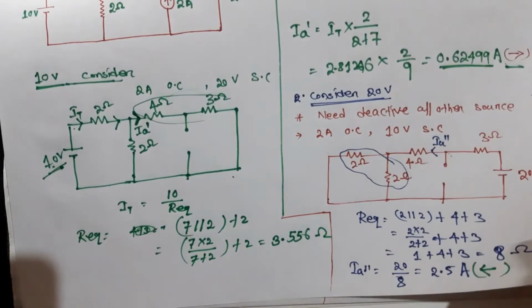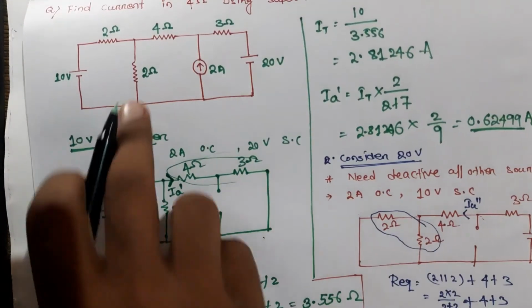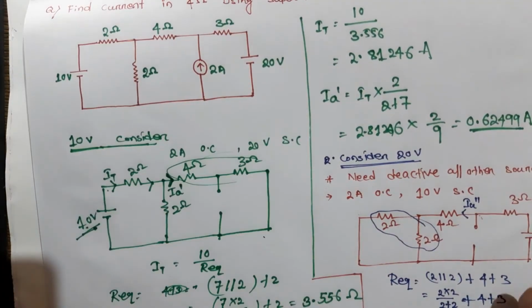Next, our third case is to deactivate this 2 ampere source.